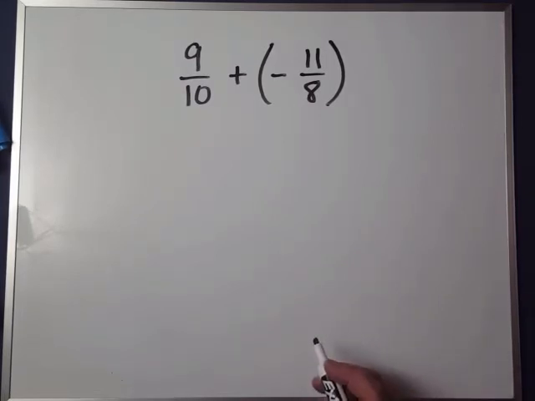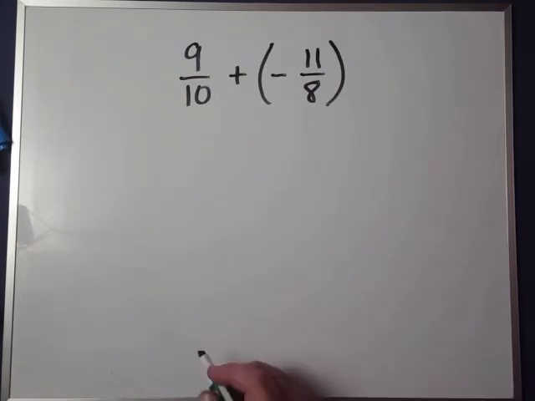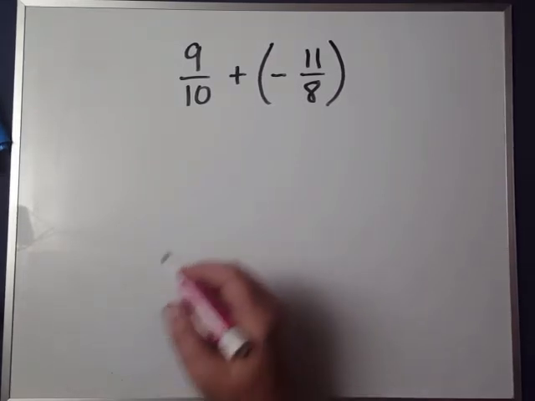In order to add fractions, we must have a common denominator. The least common denominator for 10 and 8 is 40. Could I use 80 as a common denominator? Yes. Do I want to use 80 as a common denominator? Probably not. I'd rather keep the numbers smaller and easy to work with.